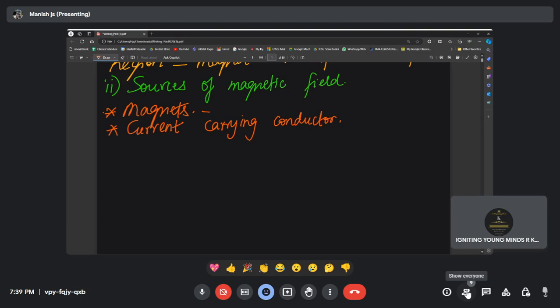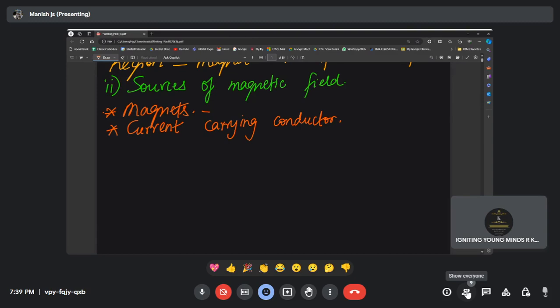There is a person who experimented with a current carrying conductor. Accidentally, when a compass was taken nearby, it showed deflection. Therefore, his name is Alexander Fleming. He tried to find out that there is some relationship between magnetism and electricity.